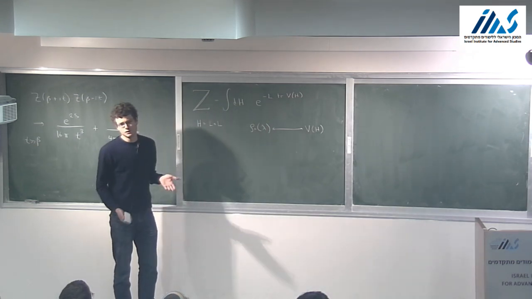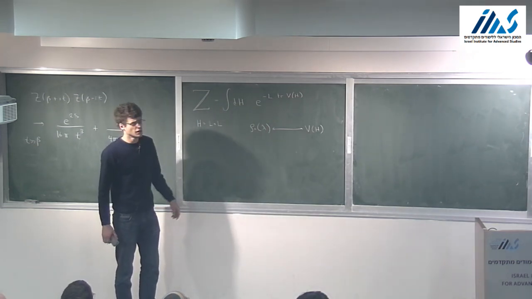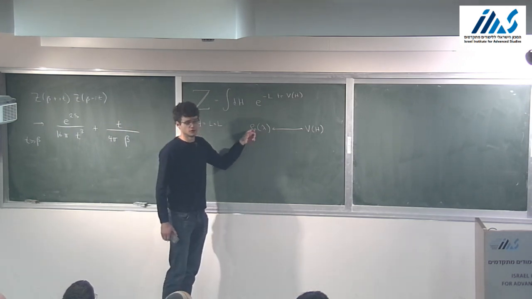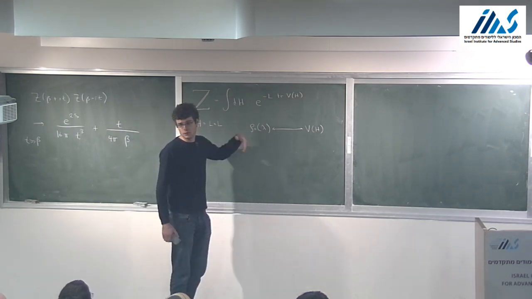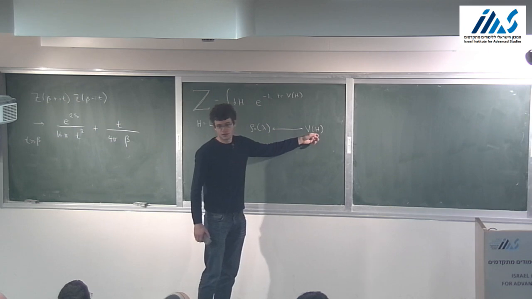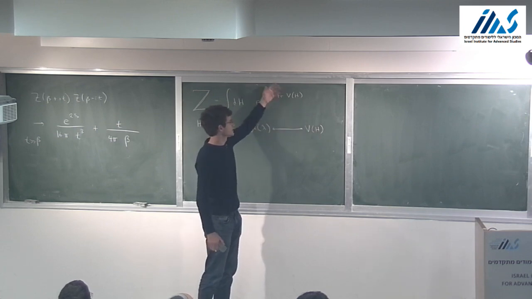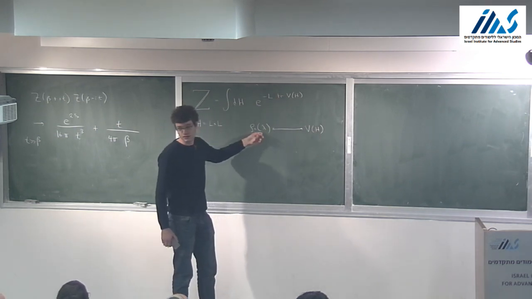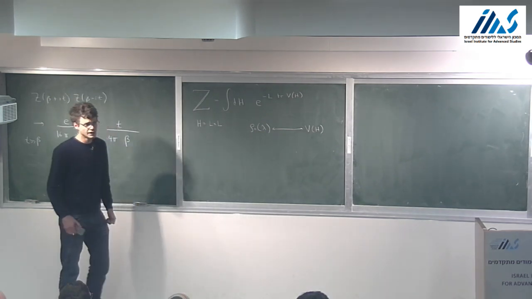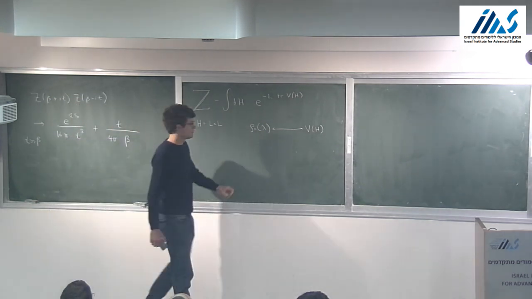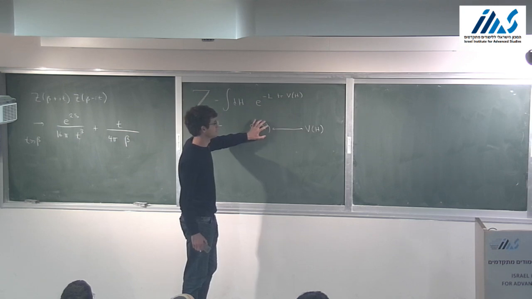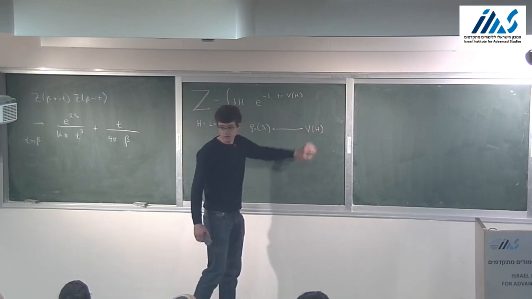But another perspective, which will be more useful for us, is we could specify this function, rho naught of lambda. And then we can find a potential, V of H, such that the random matrix integral with that potential will have this leading density of eigenvalues. So it will be convenient to go in that direction, because we're going to start with information about this function rather than starting with information about that function.